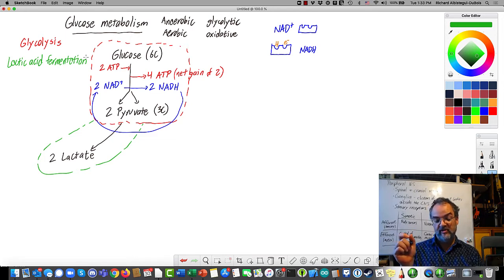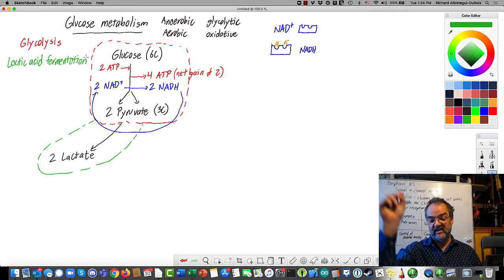We can take a glucose, run it through glycolysis to turn it into 2 molecules of pyruvate, in the process making a net gain of 2 ATP and taking 2 NAD+ and making them into NADH. And then take the NADH, drop the electrons onto the pyruvate so it becomes NAD+ again, and turning the pyruvate into lactate. And then that's the end of the story.